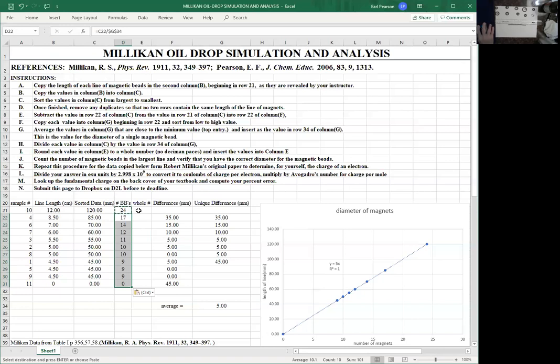What we have to do is round these numbers off. So this value is going to be the round of this number, comma, 0 tells it to keep no decimal places in the round off.